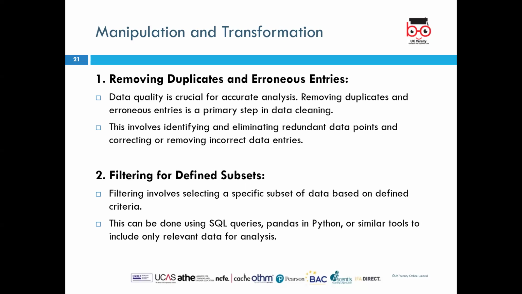Also, once we have extracted our raw data, we have to manipulate and transform it. This is simply the process of cleansing, where we remove duplicates and erroneous entries, and filtering for a defined subset, where filtering involves selecting a specific subset of data based on defined criteria.